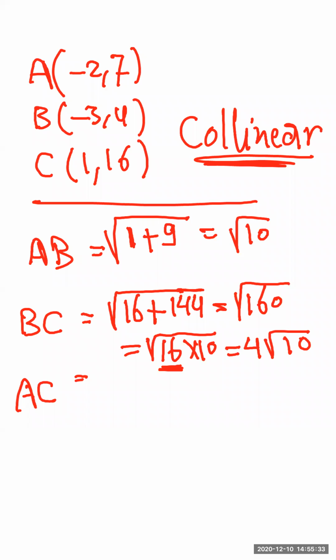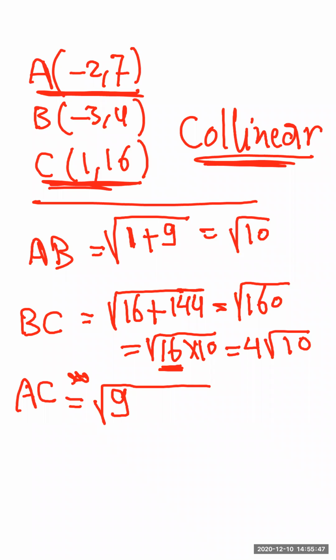Then AC will equal the square root of, for A and C, 1 minus negative 2, so 3. 3 squared means 9. Plus 16 minus 7, which equals 9.